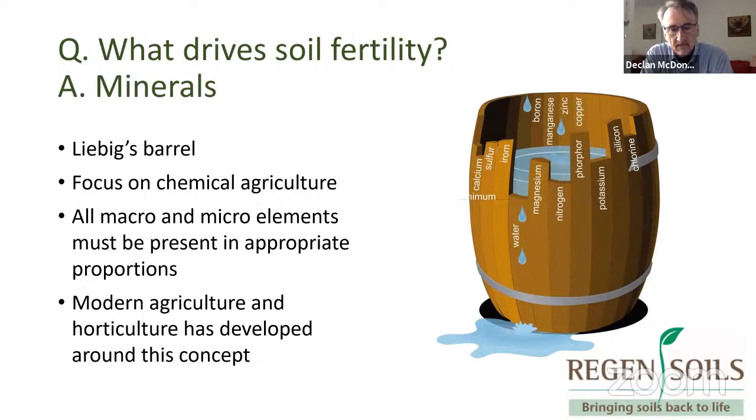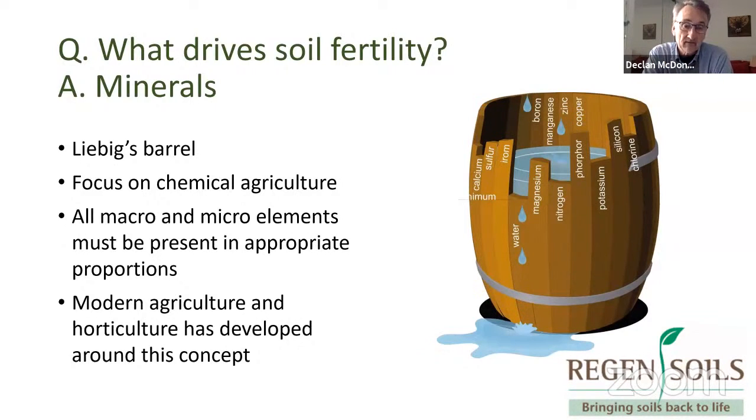Liebig was, I think, a German scientist from 100 odd years ago, and he developed this concept of the most limiting factor. So he identified that there is a number of essential macro and micro elements, and that productivity is constrained by whatever is the most limiting of those essential elements.